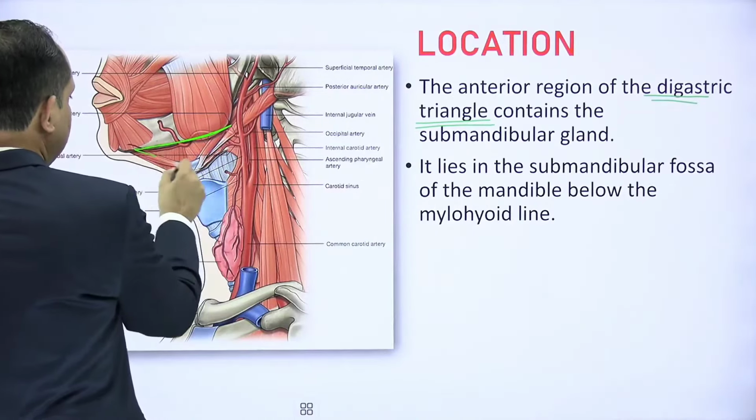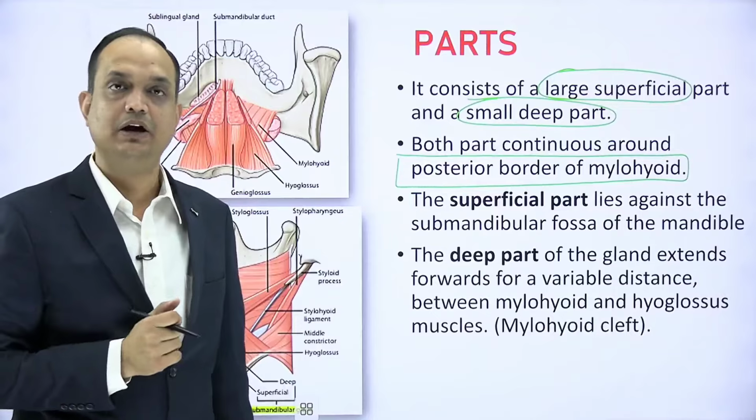Now what are the parts of the submandibular gland? It has a large superficial part and a small deep part, and both of these parts continue around the posterior border of mylohyoid. That means we are using the words superficial part and deep part in relation to the mylohyoid muscle.